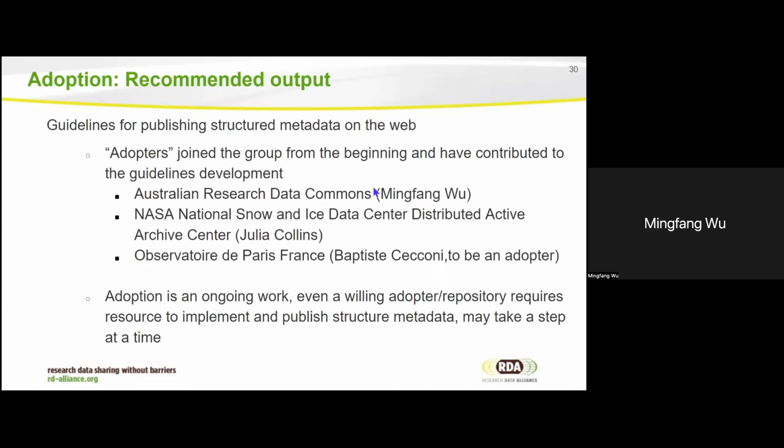And yes, they actively participated in the development of the guideline. The guideline has 9 recommendations. Adoption is sometimes partial and also ongoing work, because implementing structured metadata requires resources, and a repository may take one step at a time.